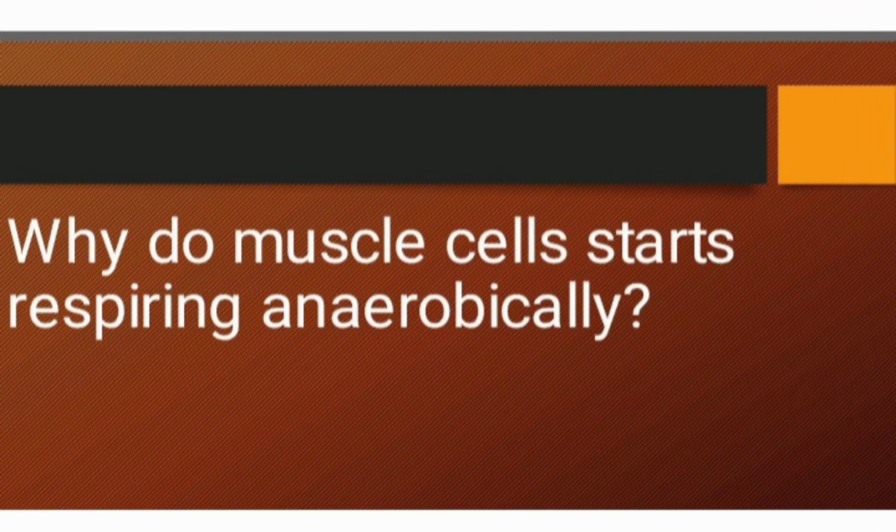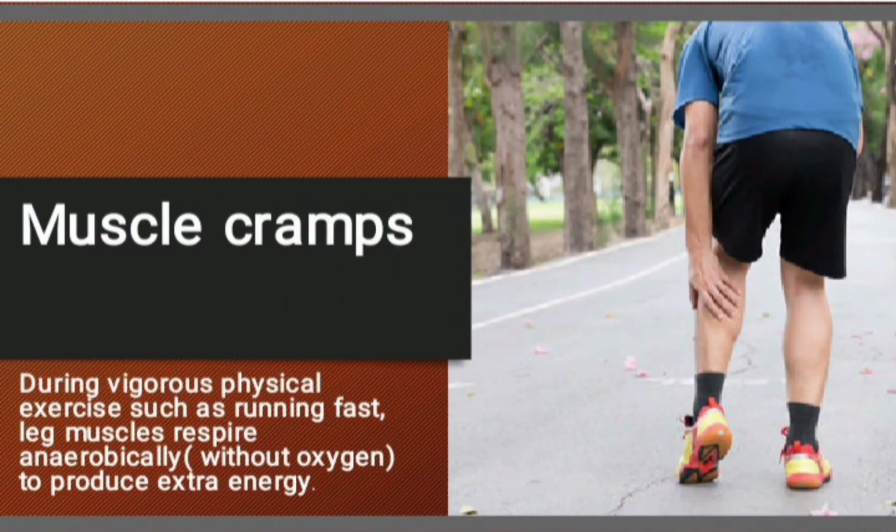Now, can you tell me why muscles start respiring anaerobically? Now you are able to answer it. And why is muscle cramp caused during heavy exercise? During vigorous physical exercise such as running fast, leg muscles respire anaerobically without oxygen.